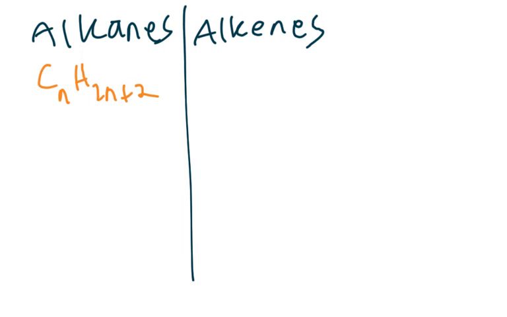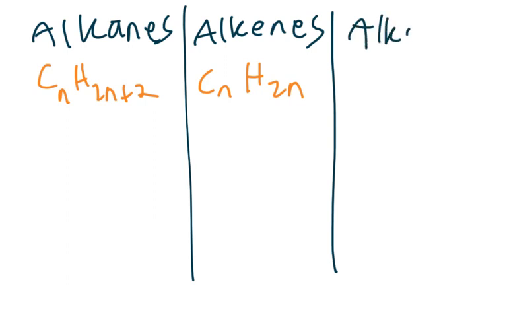For alkenes, we said it was CnH2n. And then for alkynes, it's going to be similar, but it's going to be CnH2n-2. So of course you can know these formulas in order to find the formula of a compound, but you can also do another way, which we'll go over.